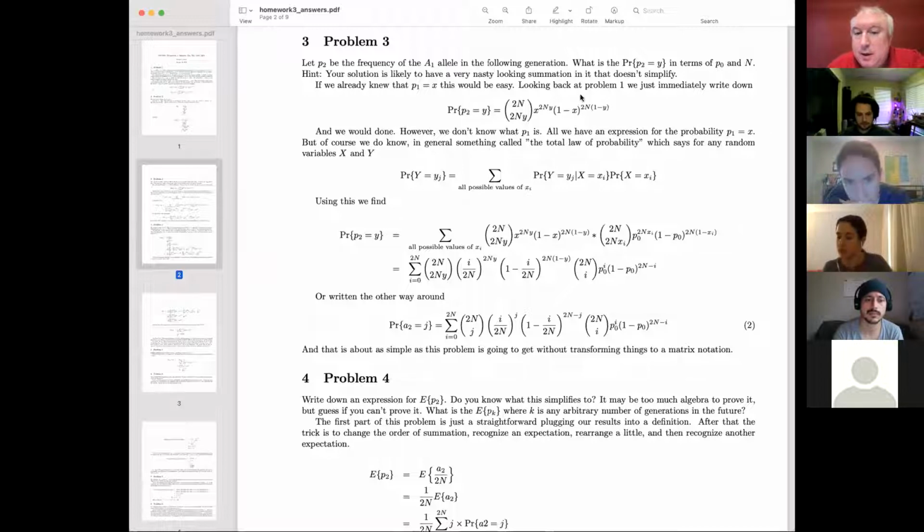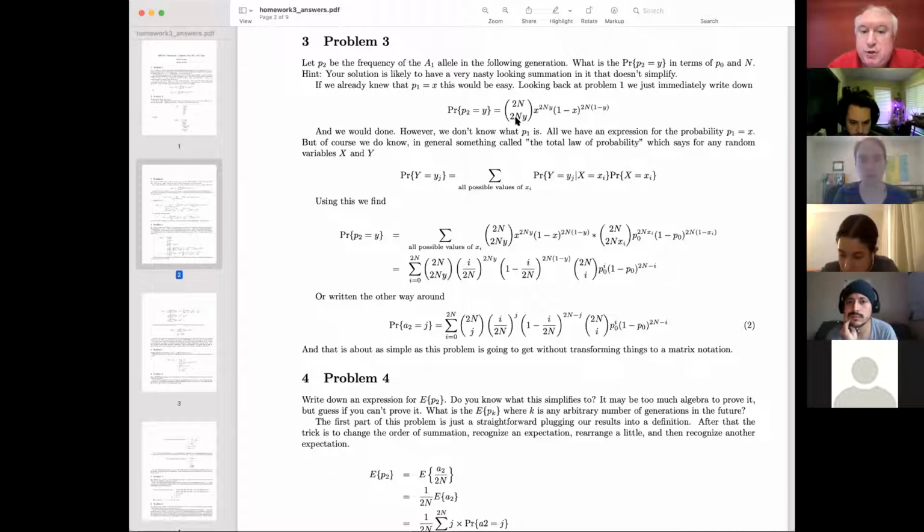And we're going to assume that we know for the moment that P1 equals X. So the probability P2 is y is just a binomial probability where we assume P1 is X. So it's 2n choose the count 2ny, times x to the 2ny, times 1 minus x to the 2n minus 2ny.